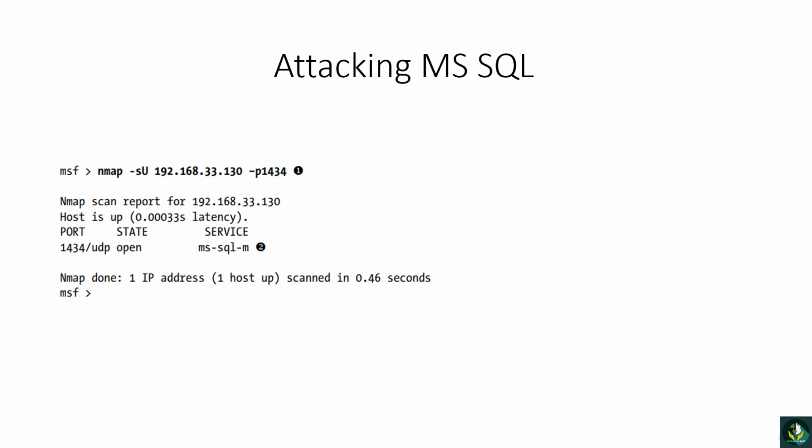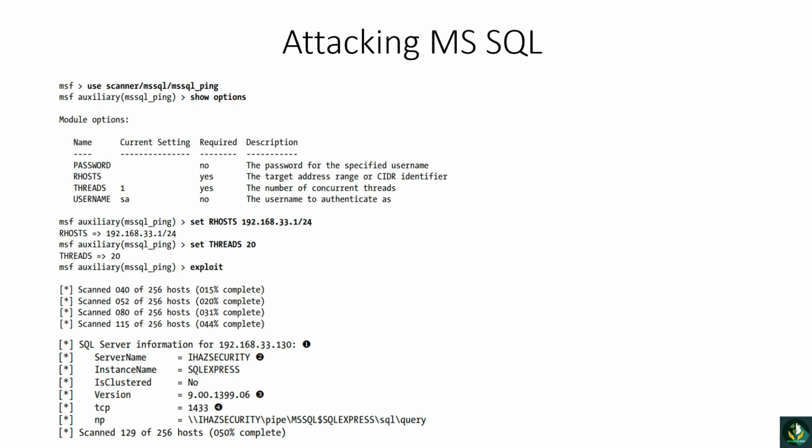So in this next example, we look for the mssql_ping module and attempt to brute force the SA account, which is the system administrator account. After calling the mssql_ping module and setting our option, we see that a SQL service installation is found at this IP, 192.168.33.130.